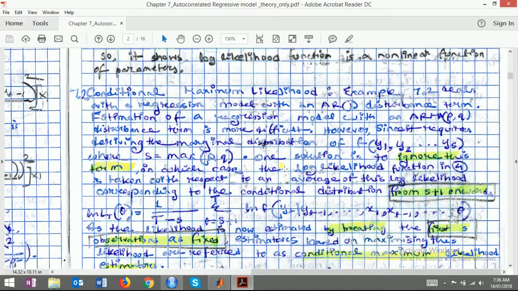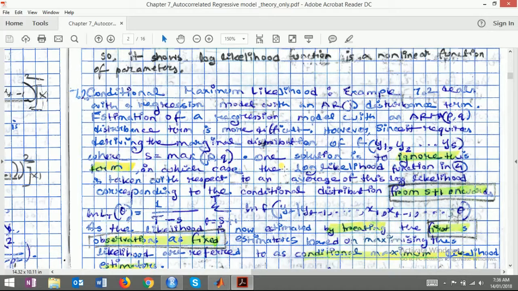So the log likelihood function, we're talking about the exact maximum likelihood function. So what we are saying here is that because it requires deriving the marginal distribution as well as the conditional distribution, one solution is to ignore this term, in which case the log likelihood function in 4 is taken with respect to an average of this log likelihood corresponding to the conditional distribution from s plus 1 onwards.